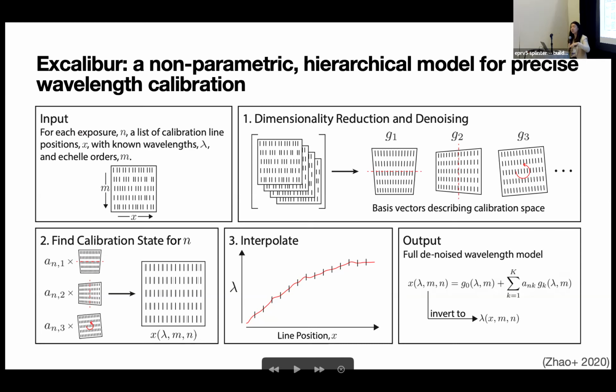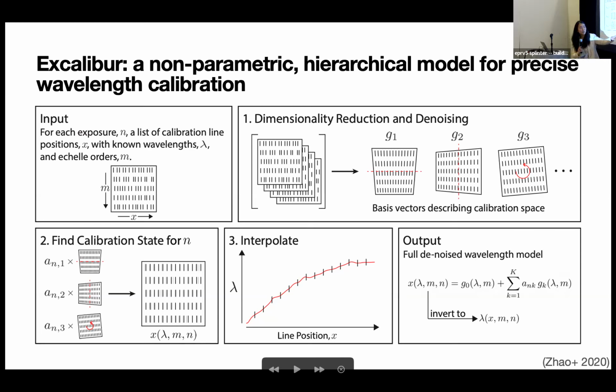Then when you want to calibrate your instrument at any given point in time, all you have to do is figure out where in this variation space your instrument currently lies. You can use that to recreate the calibration lines you would have seen if you had taken a calibration image at that time. Doing this allows you to learn how your instrument is varying, and also allows you to recreate denoised, higher signal line positions from understanding that variation space.